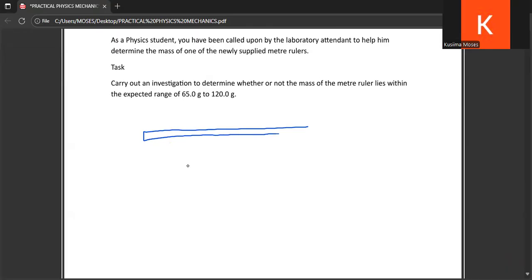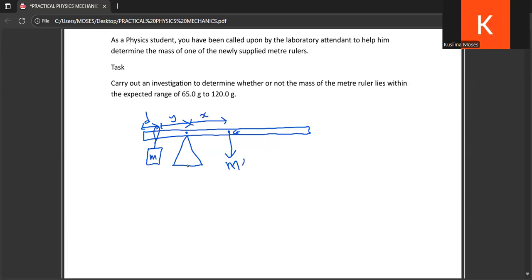Maybe we suspend it here, and I have my mass here. Let's call it capital M. Then here we shall have the weight of the meter rule acting at that point. I'm going to call this distance D, then this distance here to the balancing point, distance Y, and this distance here, distance X.